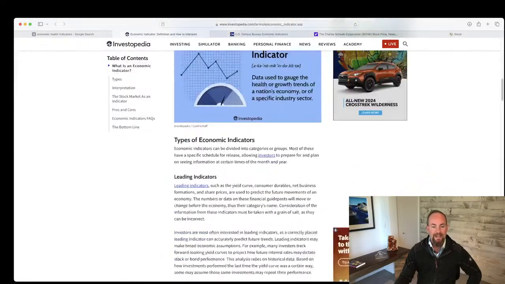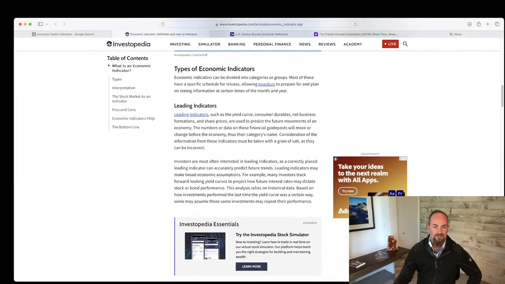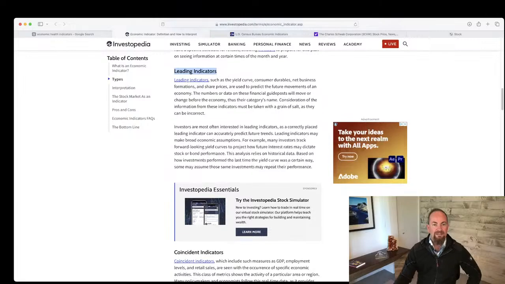So when we look at economic indicators, as I mentioned, essentially there's two. There's the leading indicators, and these are the yield curve, consumer durables, net business formation, share prices, and are used to predict the future movements of an economy. So the yield curve, we know, is still inverted.